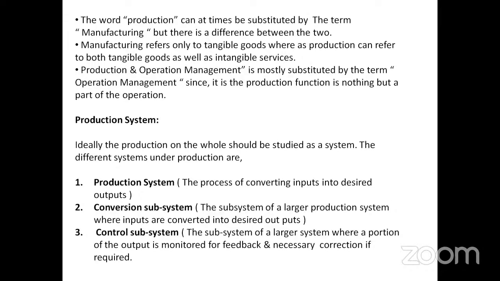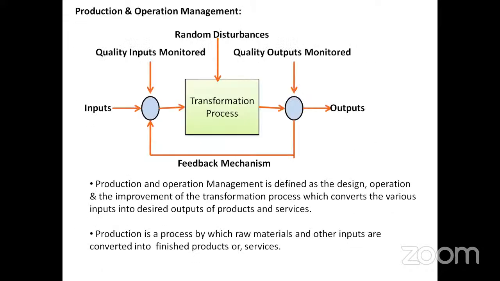What is the difference between production and manufacturing? Tangible, intangible goods, service industry. The definition was a transformation process where there are inputs, outputs, a feedback mechanism, quality is monitored, and random responses are there.